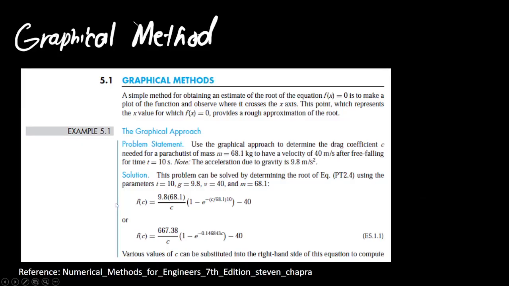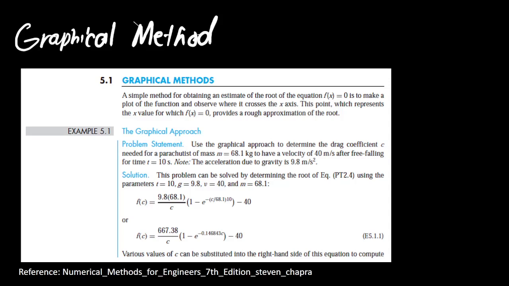I think I will not read this. These contents are coming from the book of Chapra. However, how I describe the graphical method is that when you have a certain equation and you try to plot it, say you have the domain and the range, you have a set of values of x, and you substitute the values of your domain into the function.